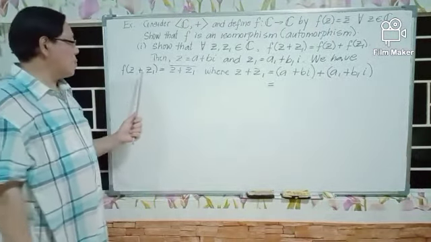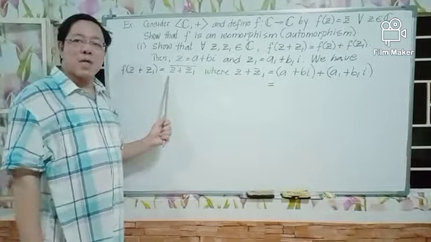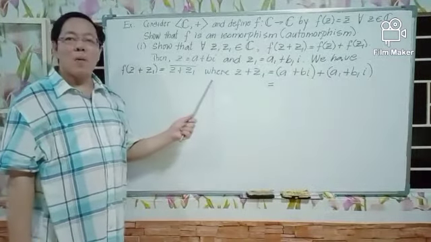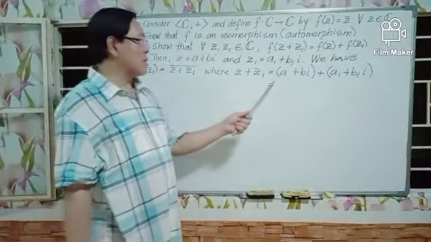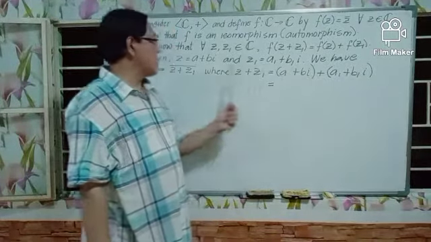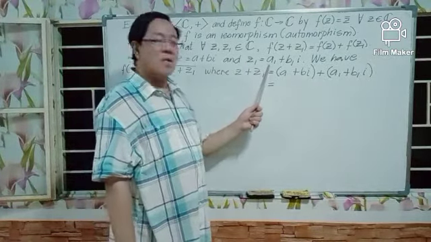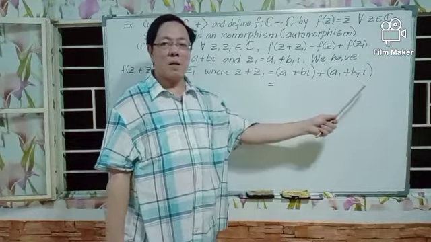The image of z plus z1 under the function f is equal to the conjugate of z plus z1, where the sum z plus z1 is equal to quantity a plus bi, this is the complex number z, plus the complex number z1, equals a1 plus b1i.